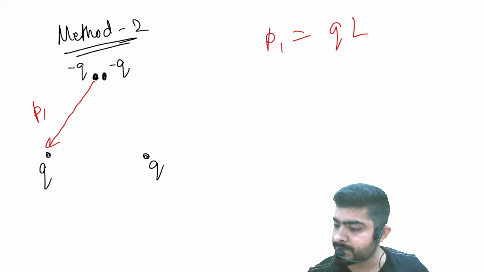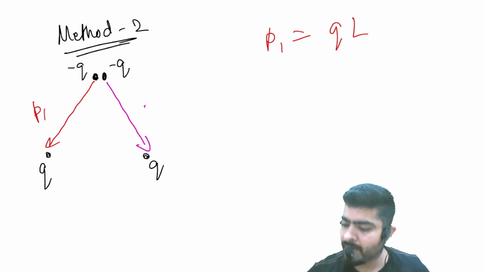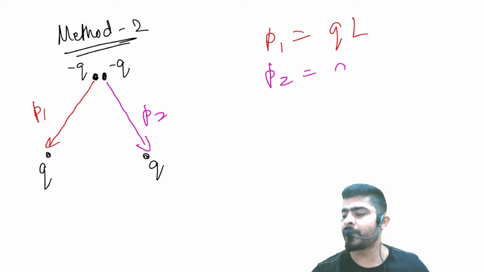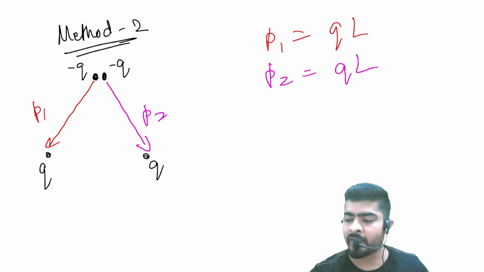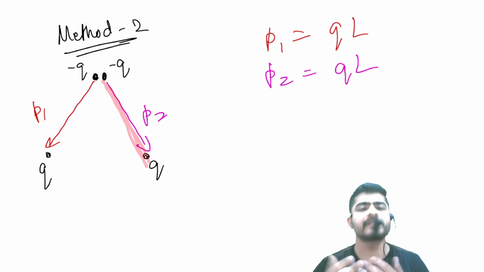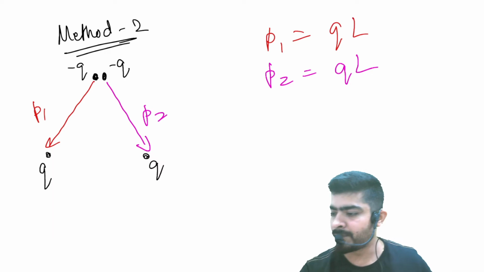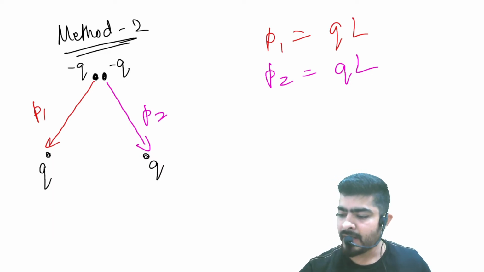Similarly, second dipole moment P2 will be how much? That will be again equal to QL, because the charge is Q and length is L. Now again, if I drop a vertical line, then by symmetry this angle is 30 degree, this angle is also 30 degree, correct?